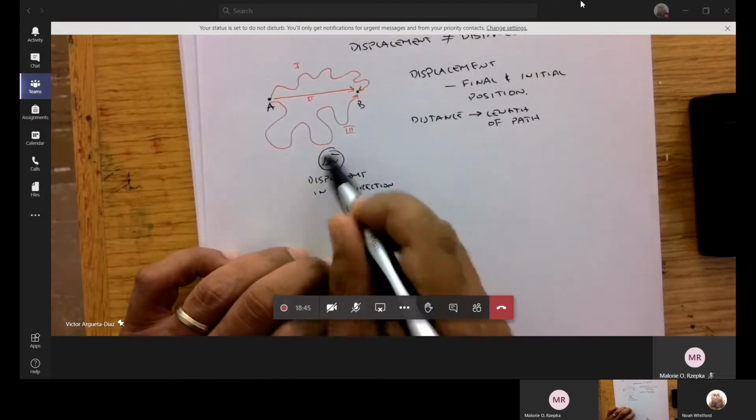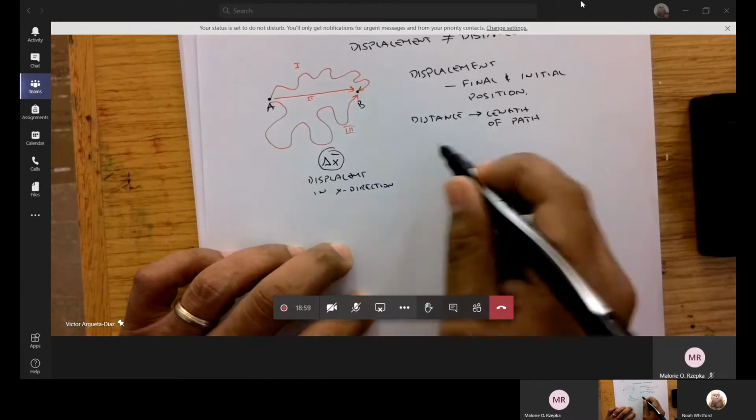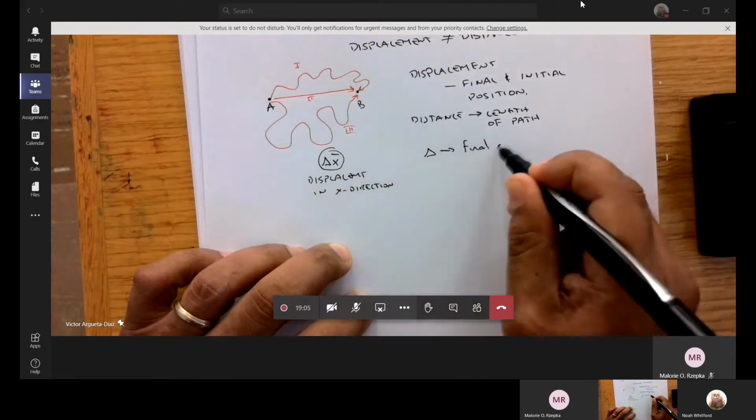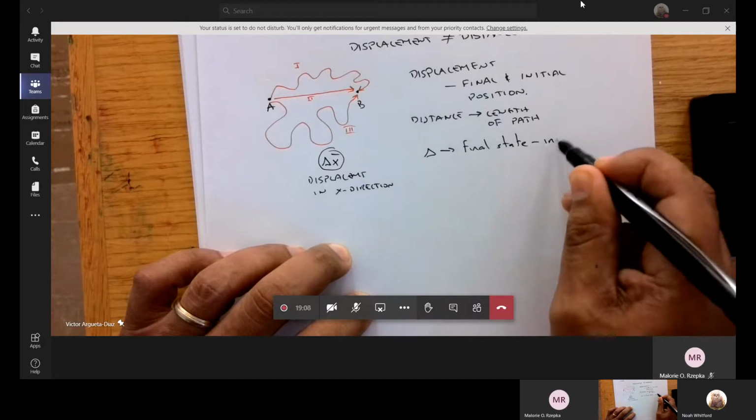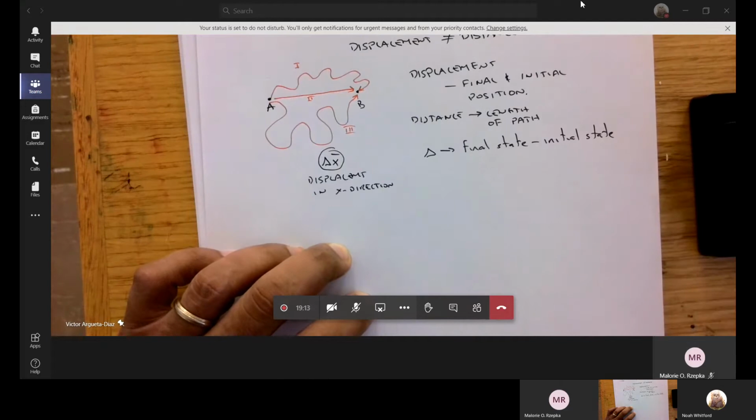Now this can be delta x, delta y, delta f, delta whatever, delta t for time. Delta is a mathematical operation, and delta basically means final state minus initial state. If we're talking about position, it will be the final position minus the initial position. If we're talking about time, it will be the final time minus the initial time, and so on.